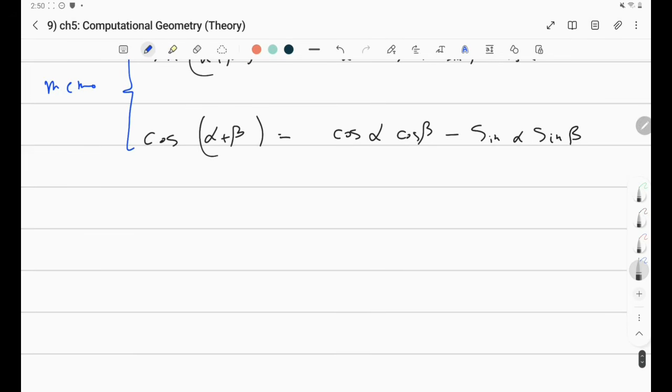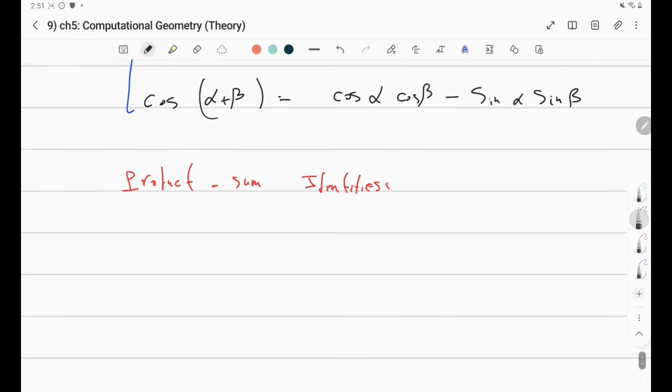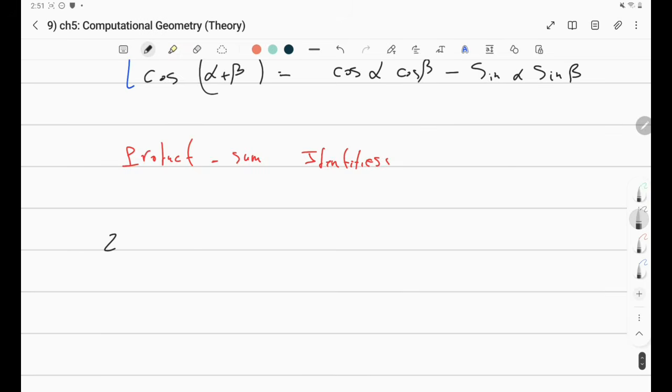But now I'm going to write something that's very nice. You're going to use it a lot, which is the product sum identities. They're basically like this: 2 cosine alpha cosine beta is equal to cosine of alpha minus beta plus cosine of alpha plus beta.